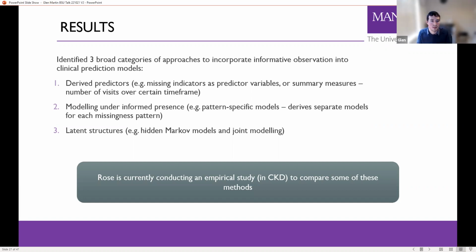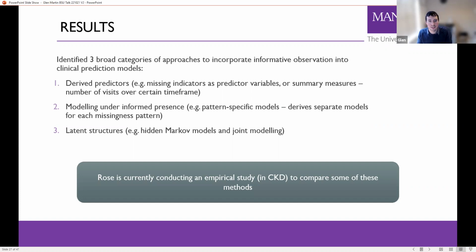The second was modeling under informed presence, as Rose called it. So this is essentially trying to account for the informative observation or presence, wherein you derive separate prediction models for each observation pattern. And the third type was what Rose called latent structures.